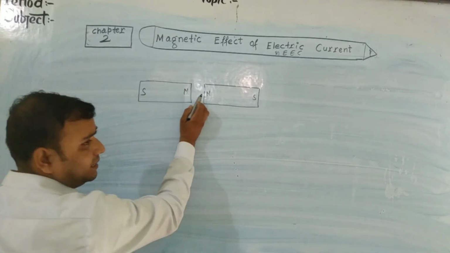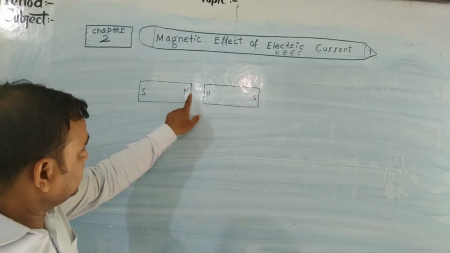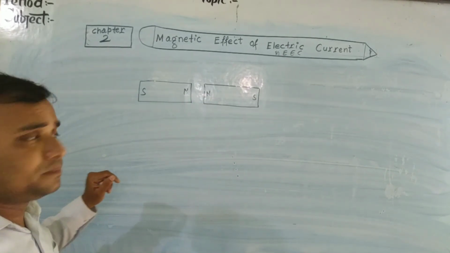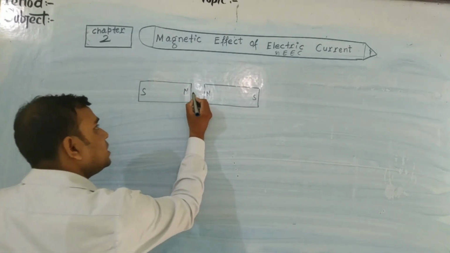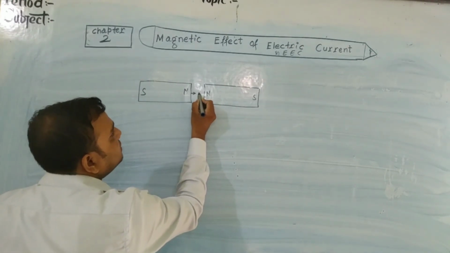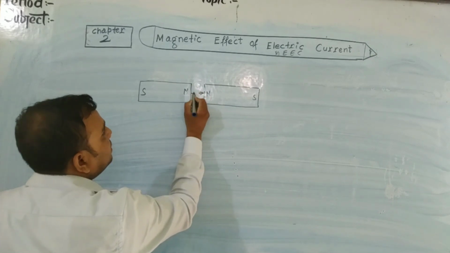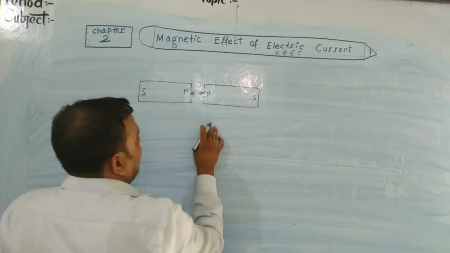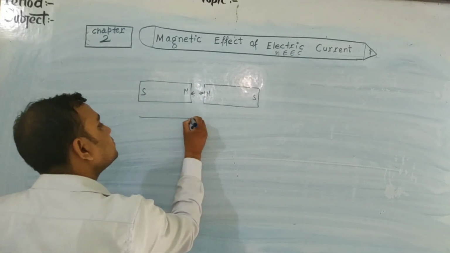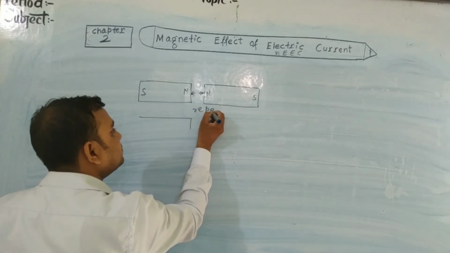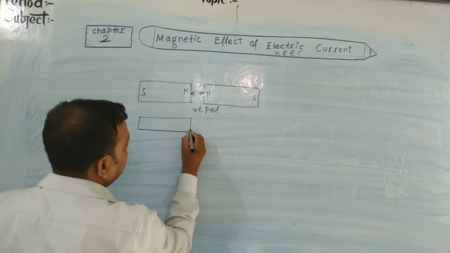Both poles are the same. Then this pole and this pole are like poles, so they repel. That means they do not attract, but repel.